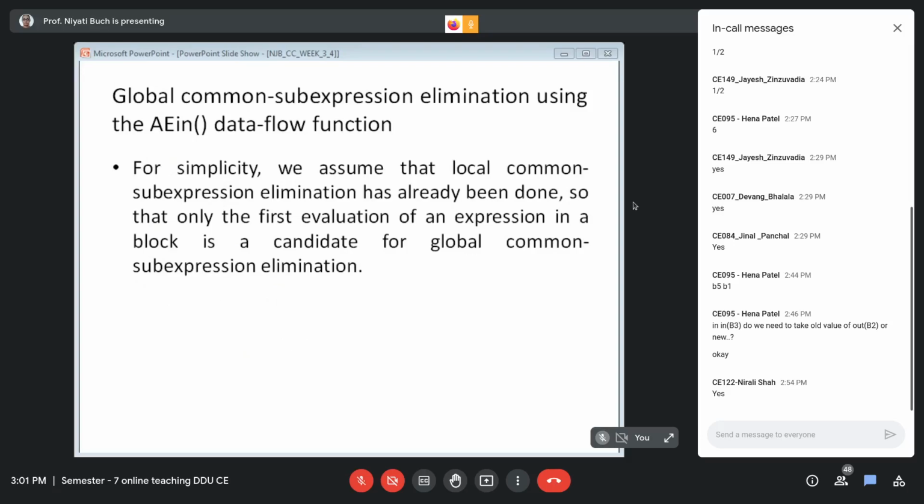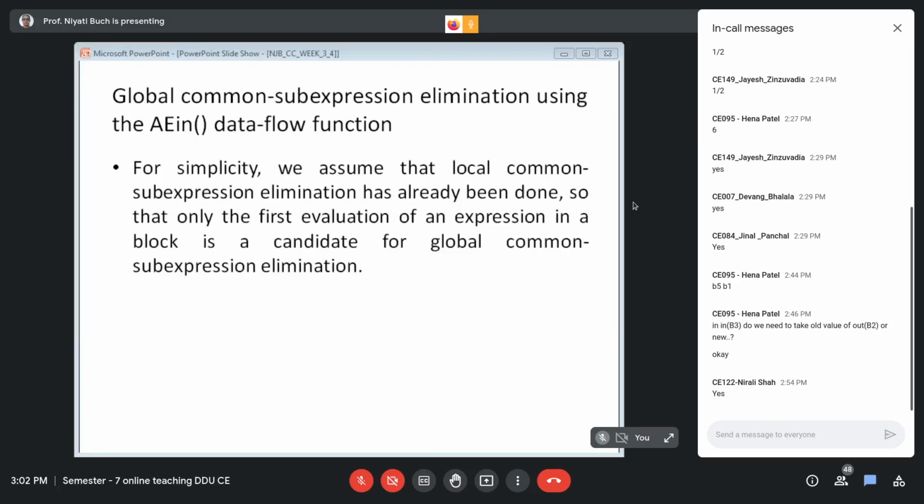Now the actual global common sub-expression elimination algorithm will play a role. Right now we are assuming that local common sub-expression elimination has already been done. But if it is not done, you can do it for your practice. The quick sort example which we had taken to find the basic blocks, for that same example we had constructed the flow graph.